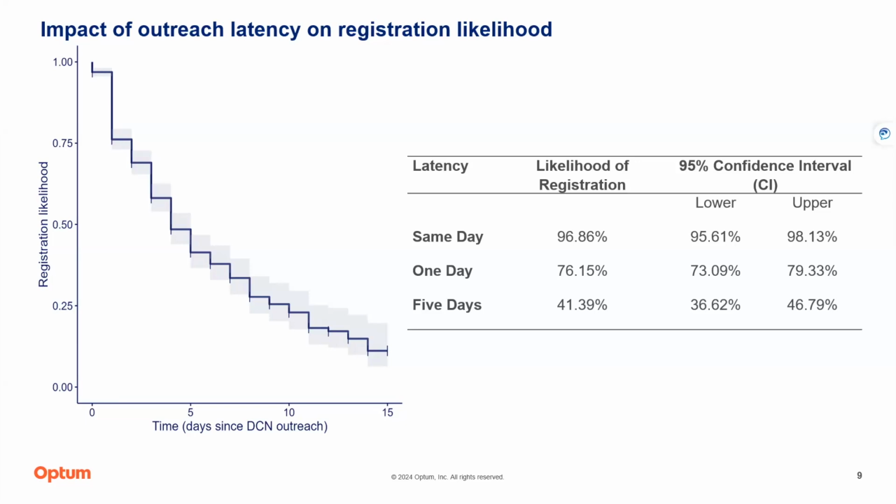Even a one-day delay in outreach resulted in a 76% likelihood of registration. And by 5 days, the likelihood of registration fell to almost 42%, showing that not only is it important for us to be matching patients with the right intervention, but we need to capitalize on that referral, on that momentum to help patients get in touch with their care sooner.